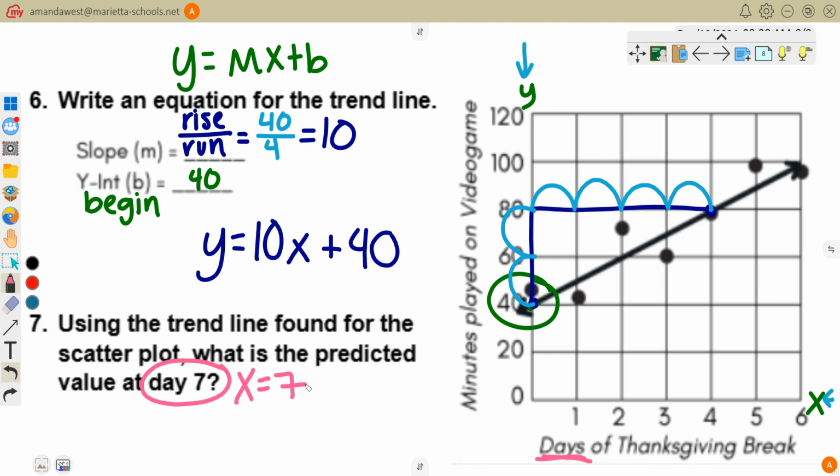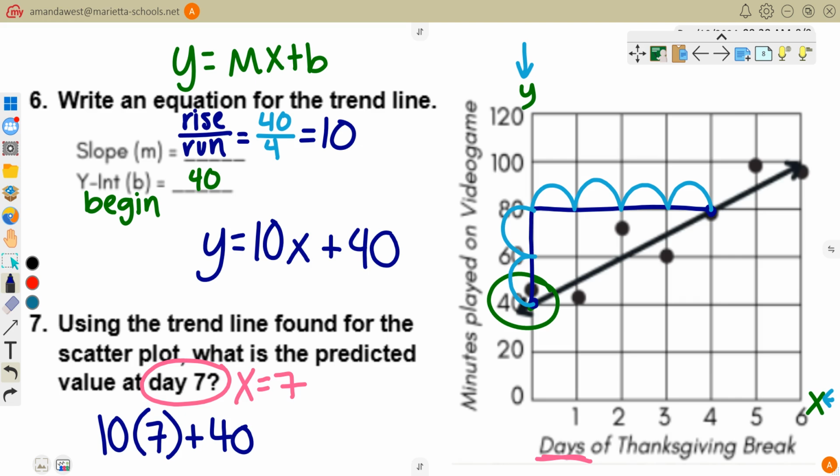So I'm going to go to my equation, but now instead of using x, I'm going to put 7. So I'm going to write 10, remember we use parentheses for times when we're plugging in, times 7 plus 40. 10 times 7 plus 40.